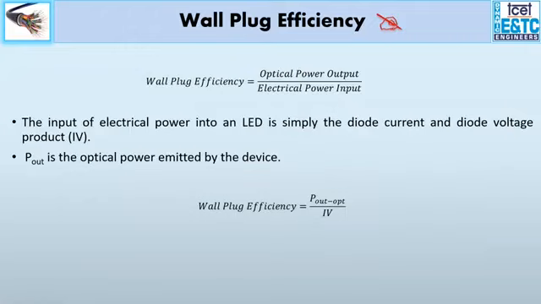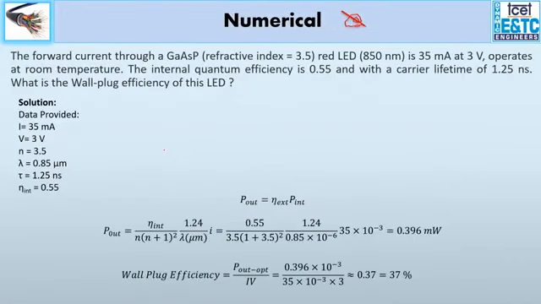That is the final efficiency of the whole device, giving you the relation between the output power and the input electrical power. This is also one numerical which you will find in many old papers.